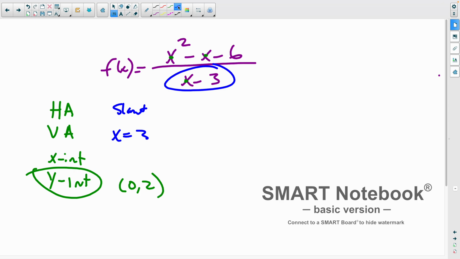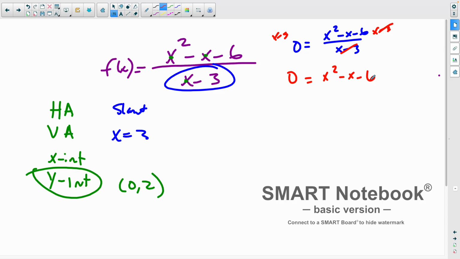How have we been doing that? Put 0 in for the y. What's been our next step in doing this? Multiply by x minus 3, which is going to cancel over here. X minus 3, that's going to cancel there. So 0 equals this.